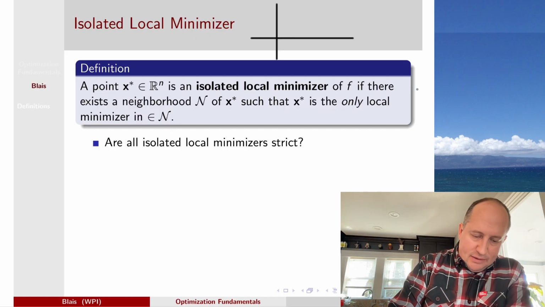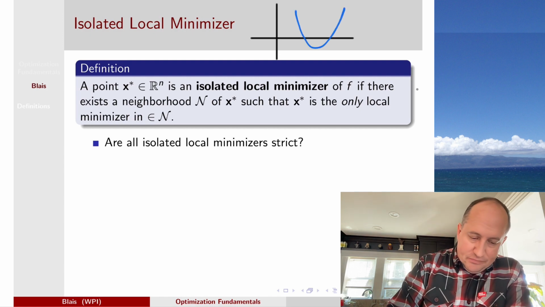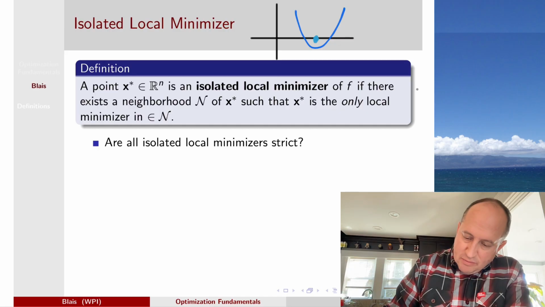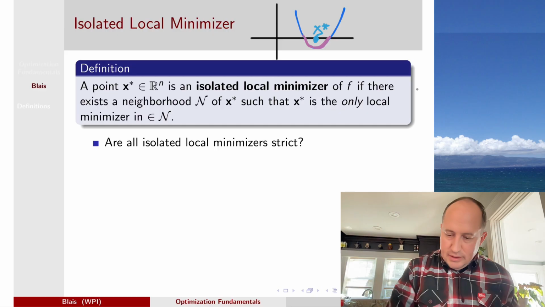Can you zoom in enough to find some neighborhood where your x star is the only one? There's no other local minimizer inside this neighborhood.